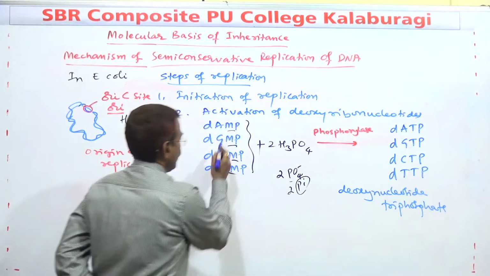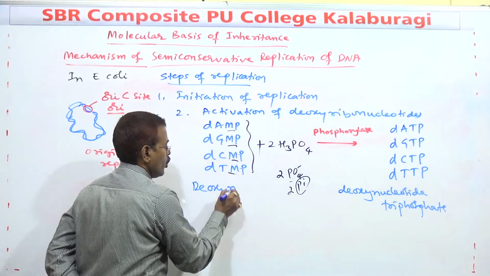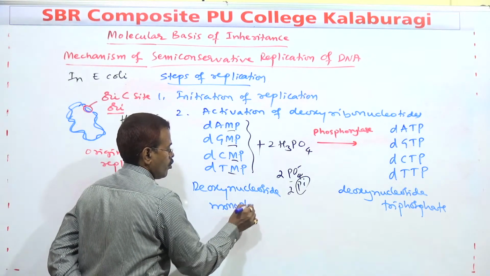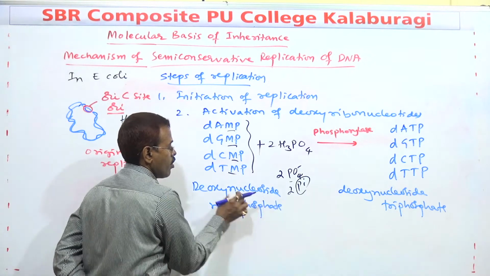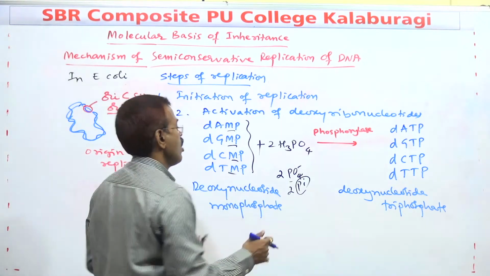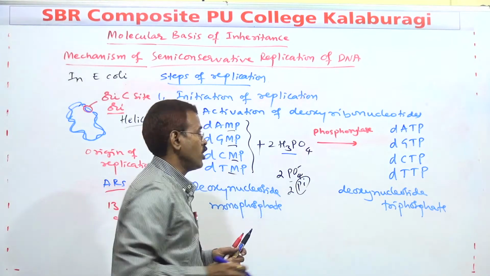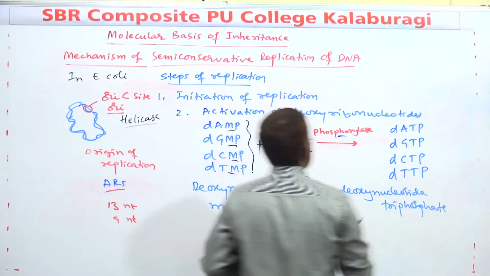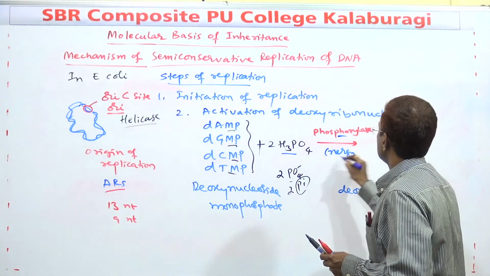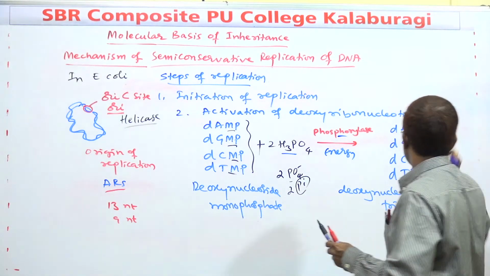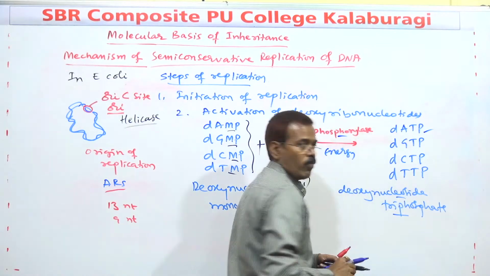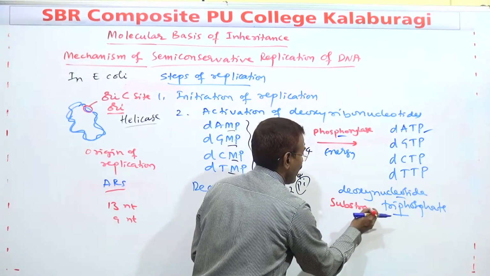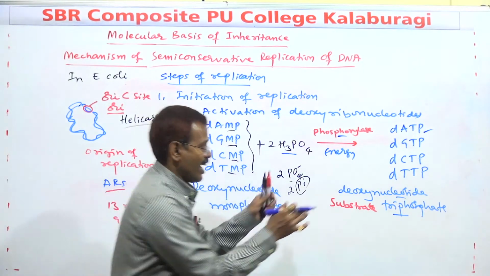These are deoxynucleoside monophosphates, by the addition of phosphate groups given from phosphoric acid, by the catalytic activity of the phosphorylase enzyme. Energy is used here, and these will be converted into deoxynucleoside triphosphate. So these can act as substrate. Substrate means monomeric unit, building blocks.